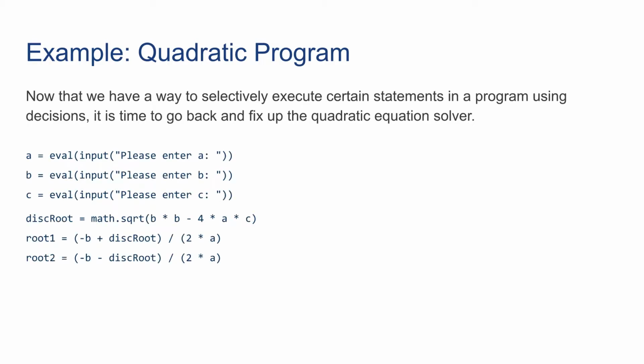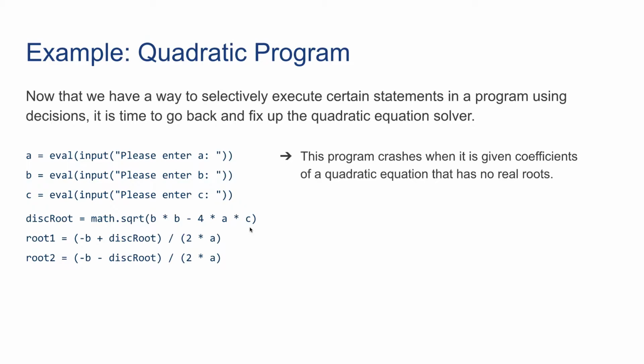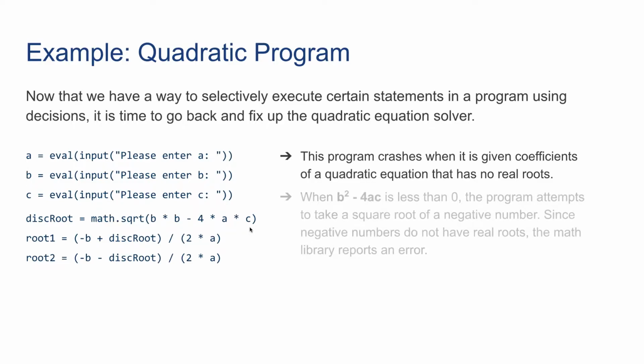The program would ask for three values, A, B, and C coefficients, and then calculate the disc root using the math.sqrt function, and then it would calculate root 1 and root 2. This program crashes when it is given coefficients of a quadratic equation that has no real roots.